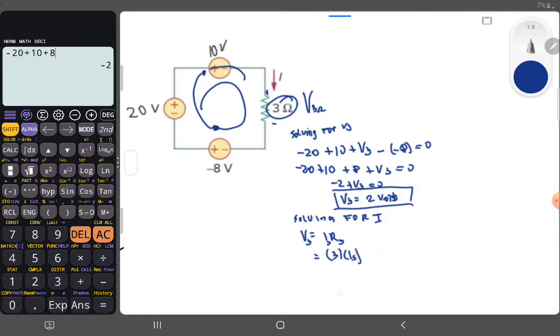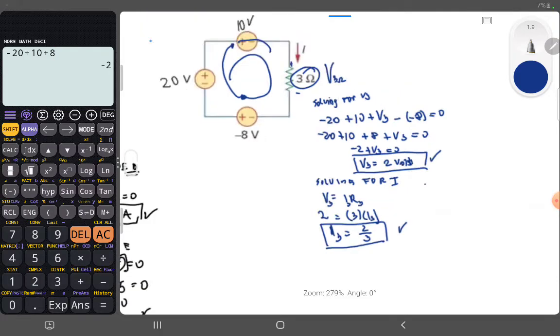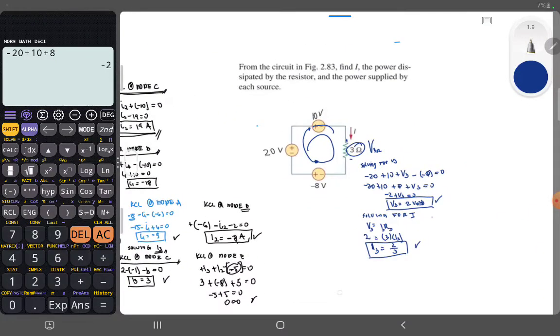Yung I3 natin is unknown, or I, which is equal to V3, which is equal to 2 volts. So therefore our I3 is equal to 2 over 3. Okay, so 2 over 3, that is our I3, or our I total. So from the circuit, find I, meron tayong I, which is this one, 2/3. So 2 divided by 3 is equal to 0.667 ampere.